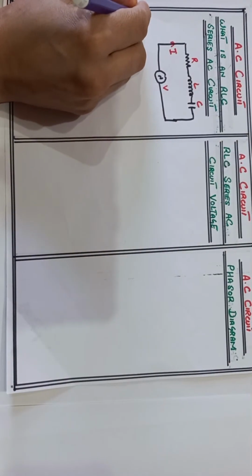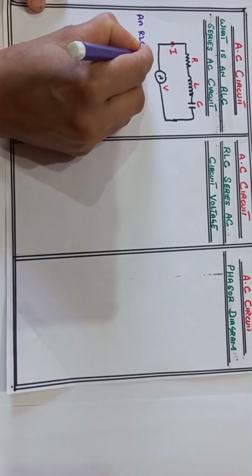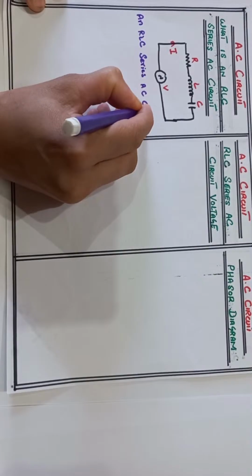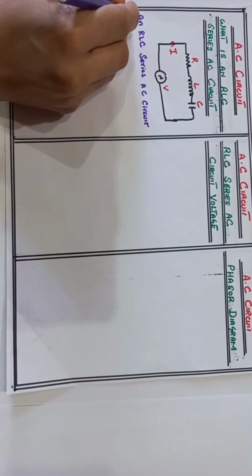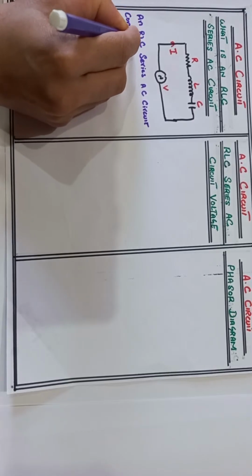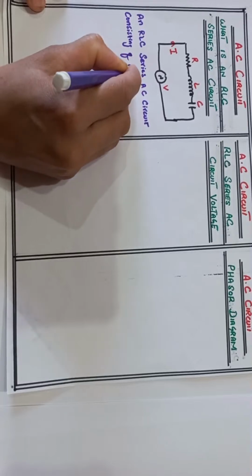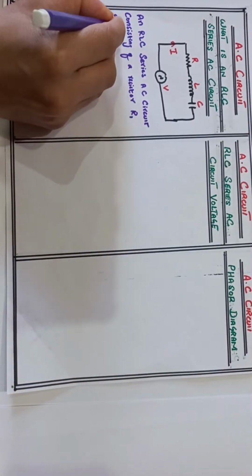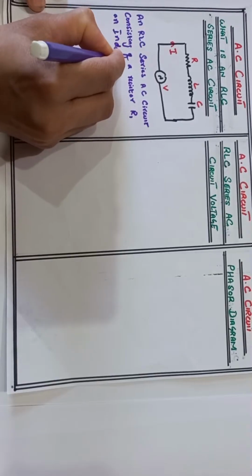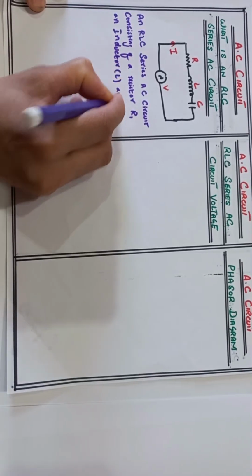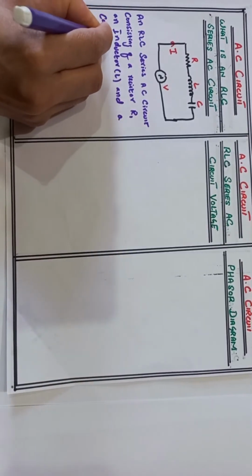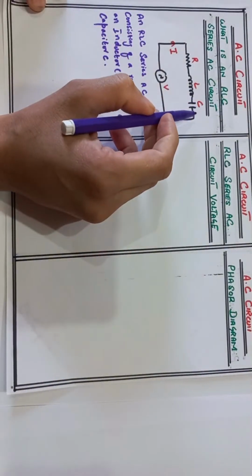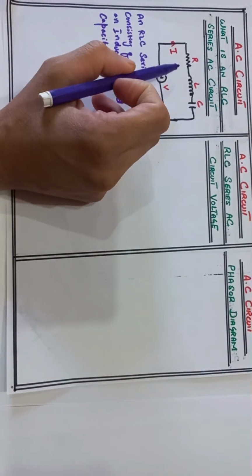The inductor is always shown by L, and the capacitor by C. When we connect the components in series and apply the voltage V, then the same current flows through each component.